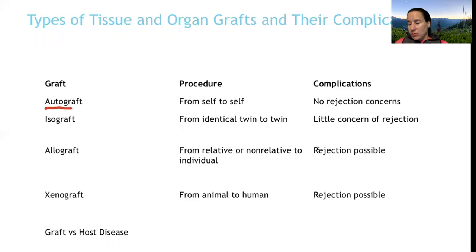So if you were taking a graft from yourself, auto means self. So say you had a part of your body, maybe you're involved in an accident and the skin was removed in a car accident, or maybe it was a very severe burn and you lost skin in a certain part of your body, but the hospital was able to maintain you and they inserted a balloon underneath the skin in a different part of your body and swelled up the balloon and grew you some extra tissue.